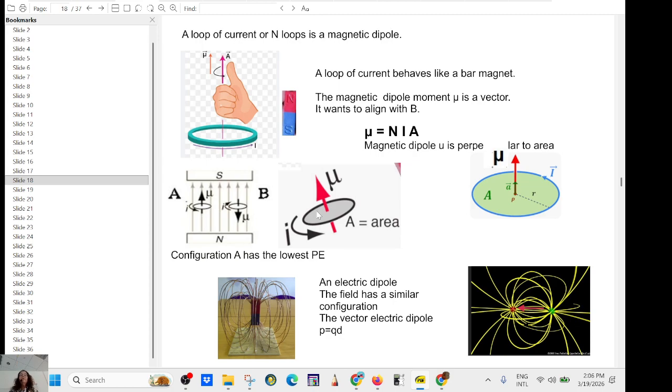But if you place that loop of current inside a magnetic field, it will be acted upon by magnetic forces. There will be a torque applied, so it will rotate in such a way that the magnetic dipole will be aligned with the magnetic field. And that will be the lowest potential energy. If it's opposite to the magnetic field, that will be the highest potential energy.